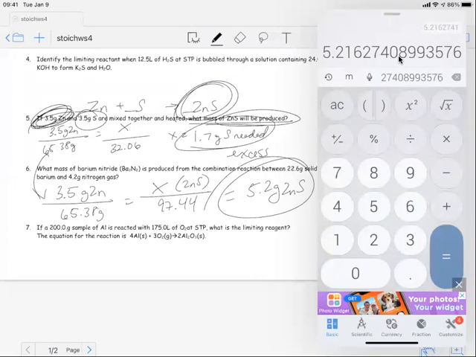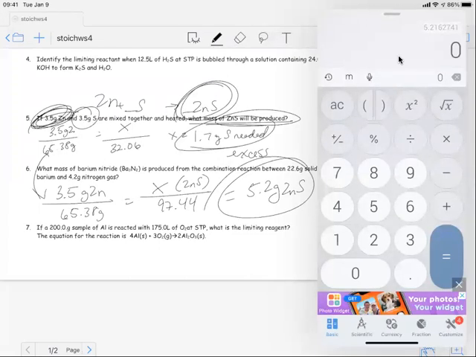Now, what would happen if I didn't bother figuring out which reactant was limiting, and I decided, as a chemist working for a company who wants to produce zinc sulfide, I'm too lazy to figure out which reactant is limiting, so I'm just going to go ahead and take the sulfur.